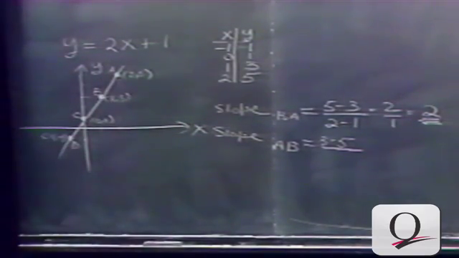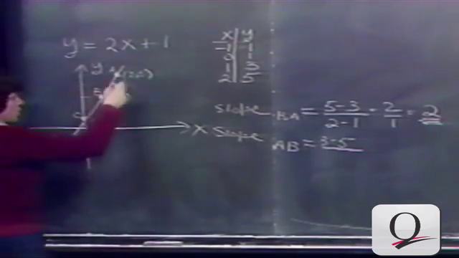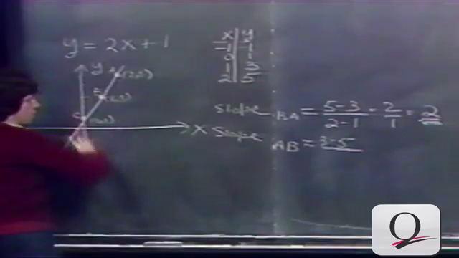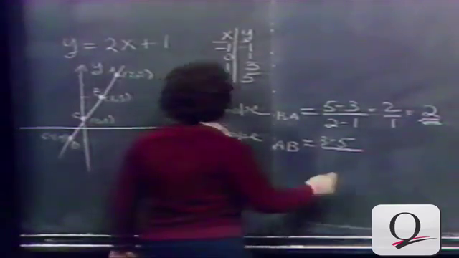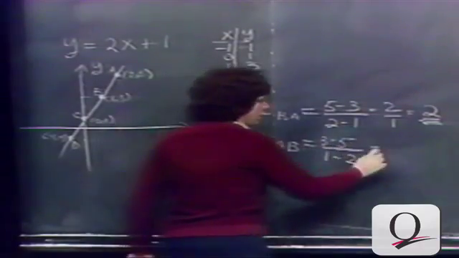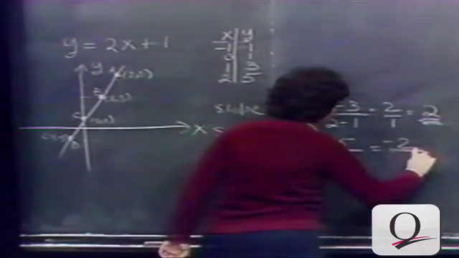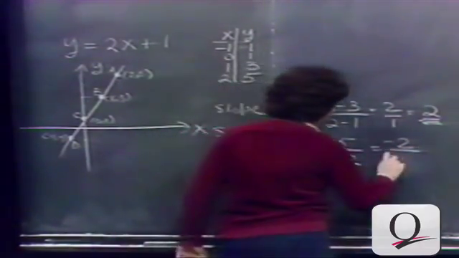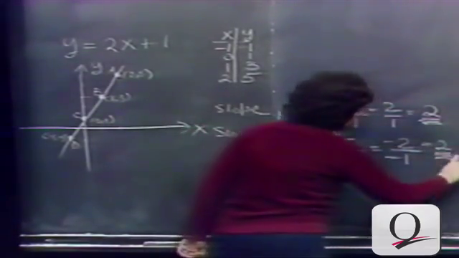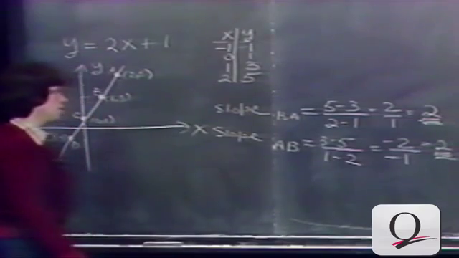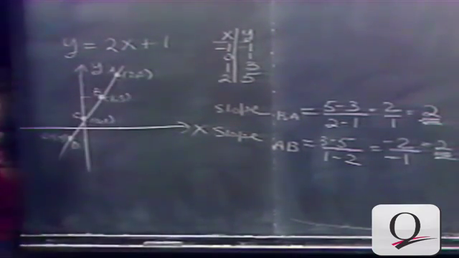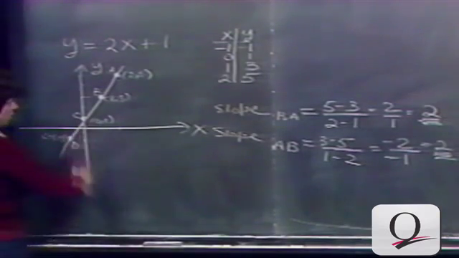We then go from an x-coordinate of plus 2 to an x-coordinate of plus 1, so we're going to the left 1 unit. It's 1 minus 2. So we have a vertical change down 2 over a horizontal change to the left 1, minus 2 over minus 1. We once again get plus 2. It doesn't appear that it would matter which is your starting point and where you end up.